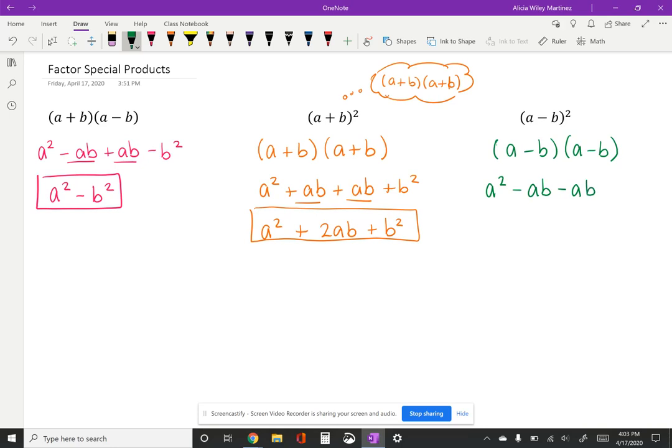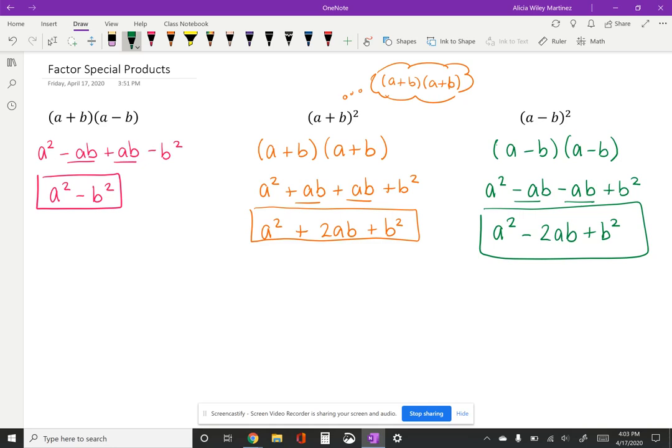Negative B times negative B is positive B squared. Pay attention to your signs. Combining like terms, bring down the A squared. Negative 1AB minus 1AB is negative 2AB. Bring down the B squared, nothing to combine there. And then this is what you get as your answer.